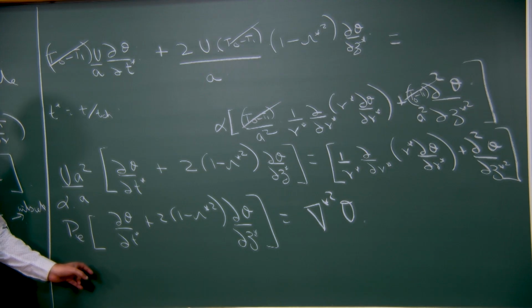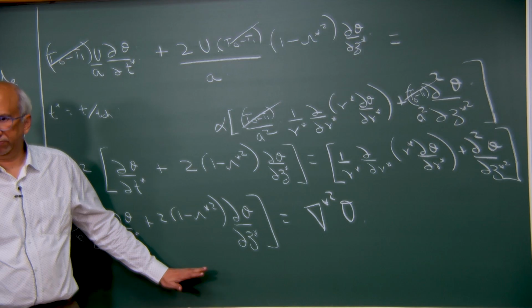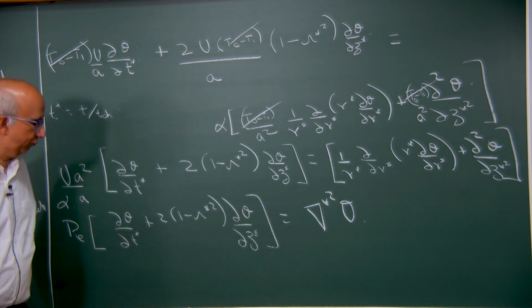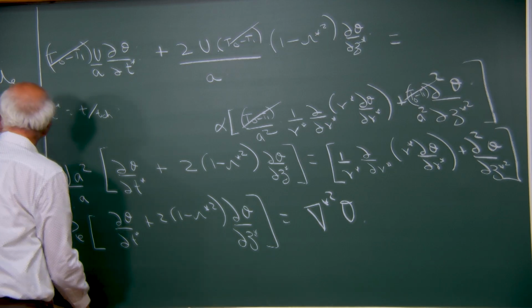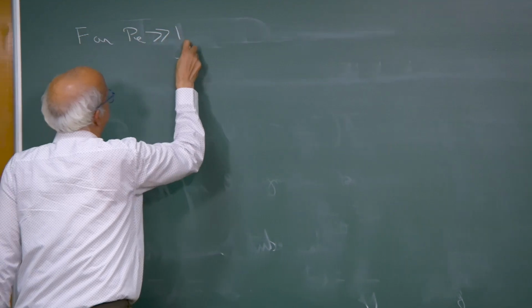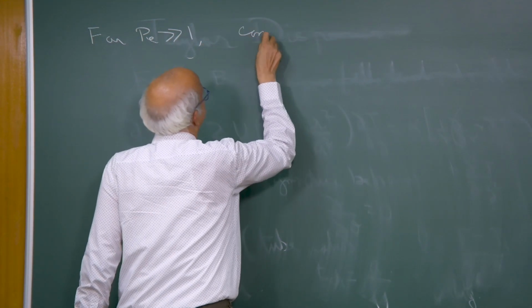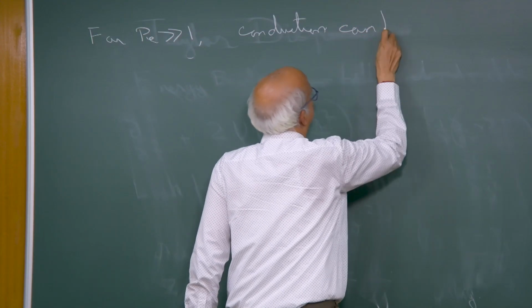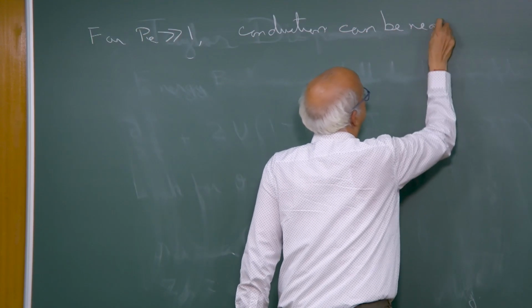So, if Peclet number is high, what does it mean? This convective term, the left hand side, dominates, I can neglect conduction. Okay. So, for high Peclet number, for Peclet number much greater than 1, conduction can be neglected.